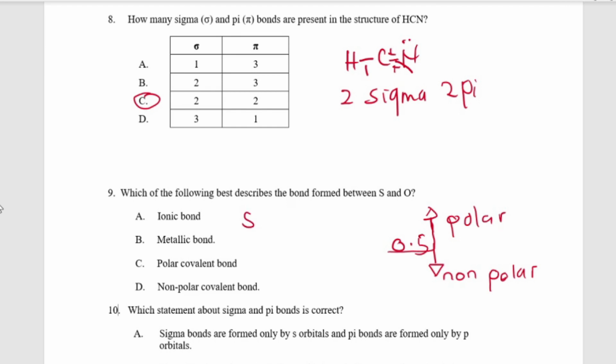And sulfur has 2.58 electronegativity value, and oxygen has 3.44. And if we subtract 3.44 minus 2.58, we get 0.86, and this is above 0.5. That means this is a polar covalent bond. So the bonds formed between sulfur and oxygen are called polar covalent bonds.